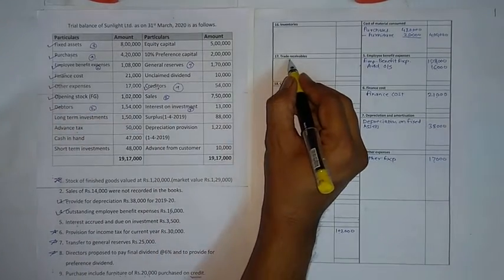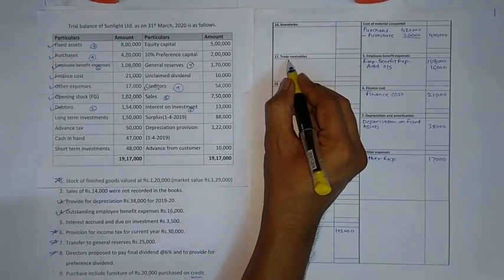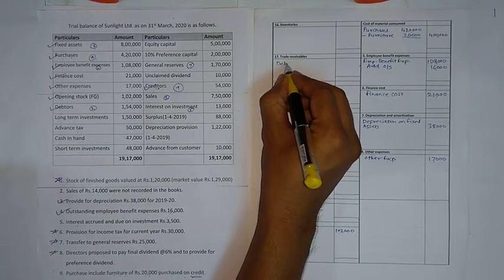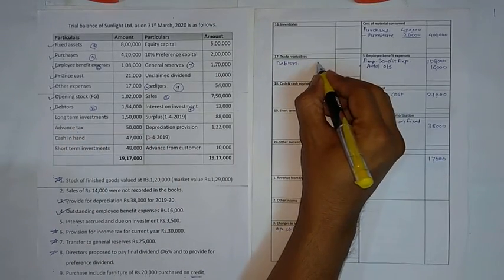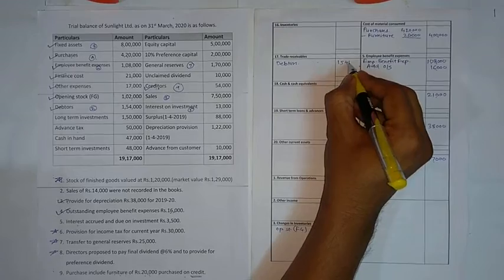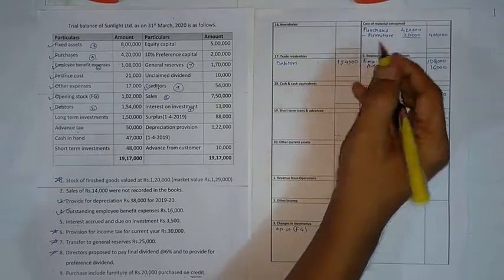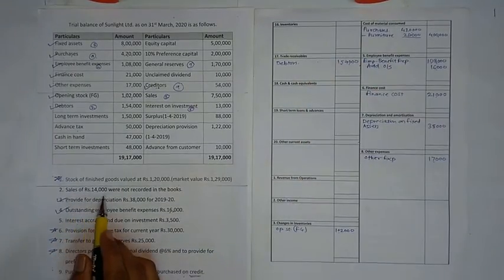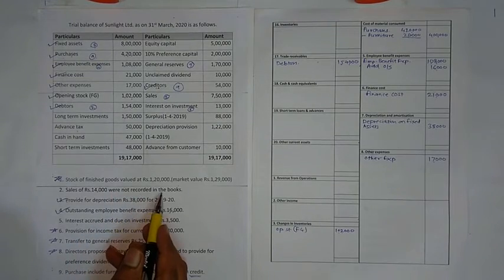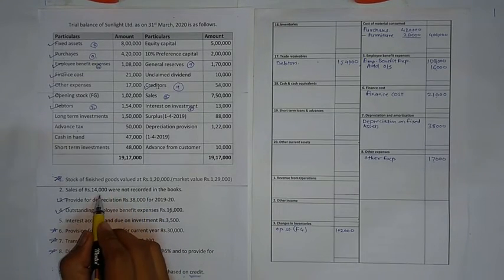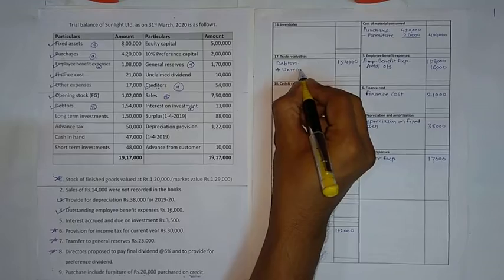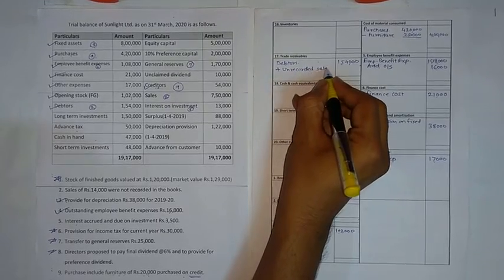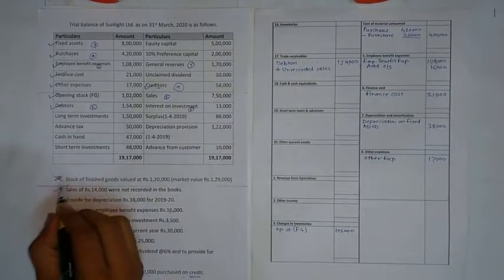Debtors are trade receivables. They will be shown here. Debtors 1,54,000. And adjustment number 2 is sales of 14,000 were not recorded in the books. So these are unrecorded sales. So automatically our debtors will increase. So add unrecorded sales to the extent of 14,000.